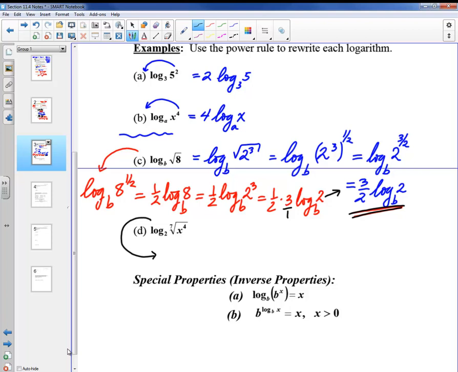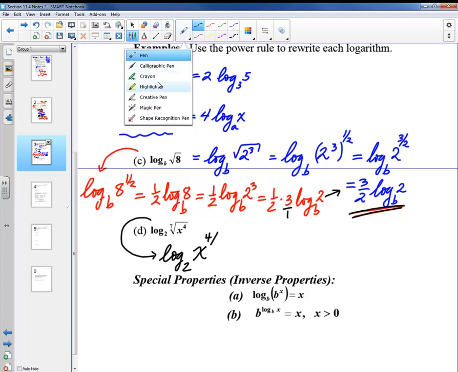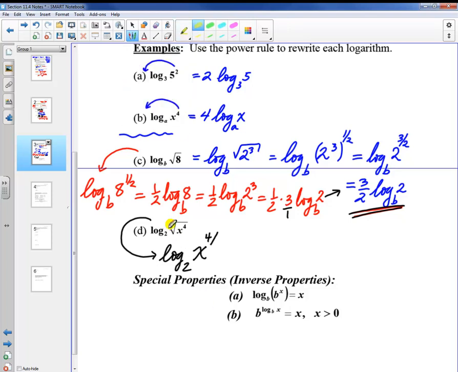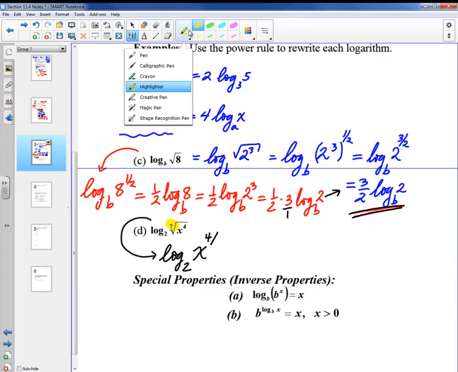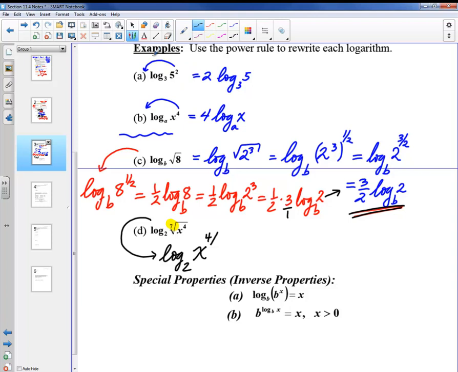And in that, it would be log base 2, and it's x raised to a power. The power inside becomes the numerator of the fraction, and the index of the root, I'm referring to this number here, that's what we call the index of the root, actually becomes the denominator.